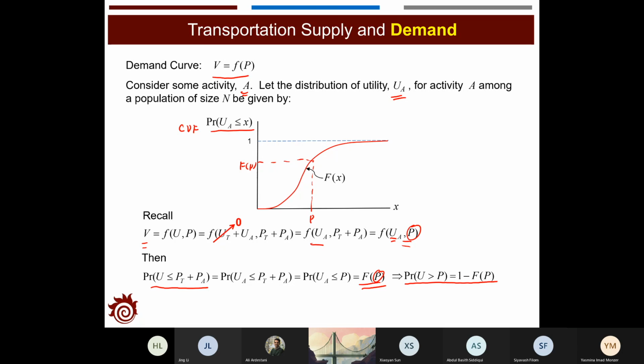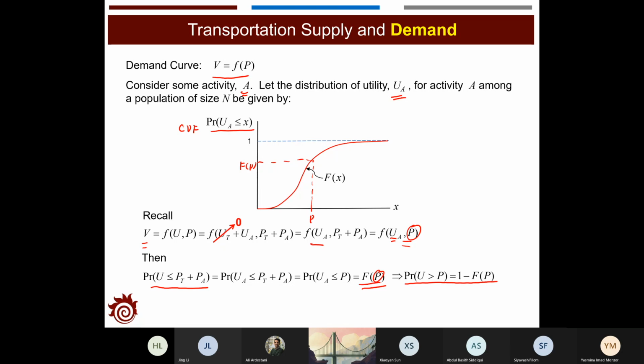If the utility we can get from the activity is less than the cost, then usually that means that you won't take the trip because you will spend more than what you can get. Only when, based on your judgment, the utility is higher than the cost, you're going to take the trip.